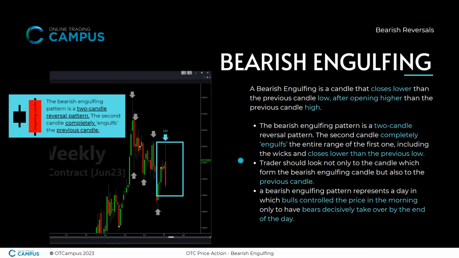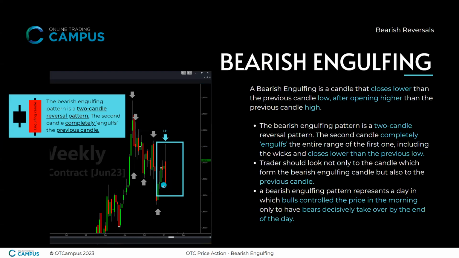First, what is a bearish engulfing? A bearish engulfing is a candle that closes lower than the previous candle low after opening higher than the previous candle high. Very important sentence here. It means the bearish engulfing, that's a red candle here, the last candle on the right side, that closes lower.